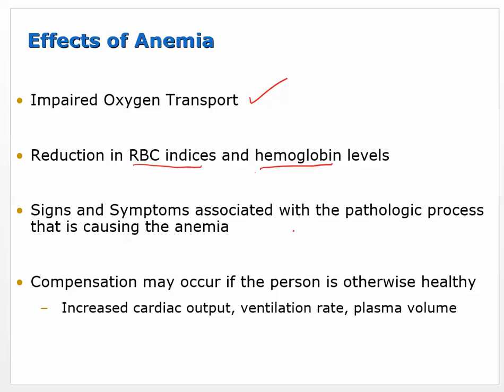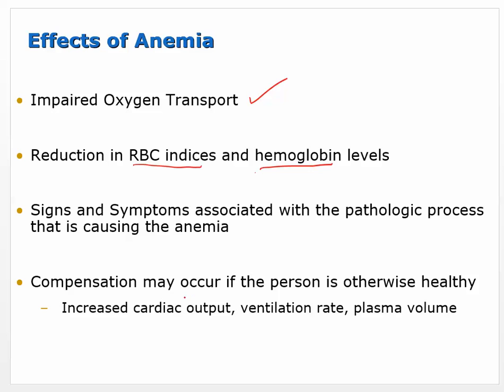Most of the signs and symptoms associated with anemia are going to be things like pallor. The skin isn't as red as it needs to be. You're going to have fatigue, those kinds of things, things that are associated with not getting enough oxygen to the tissues. And we'll talk about some of those a little more specifically.